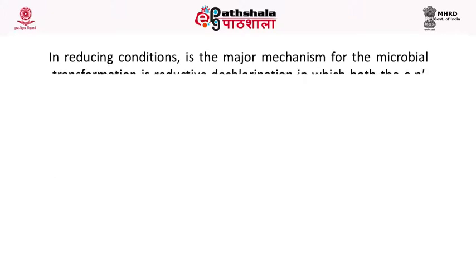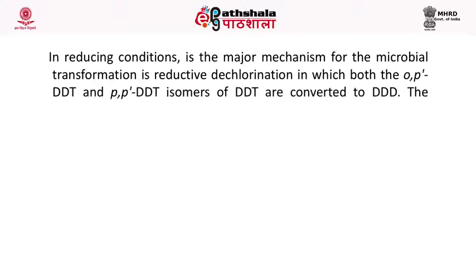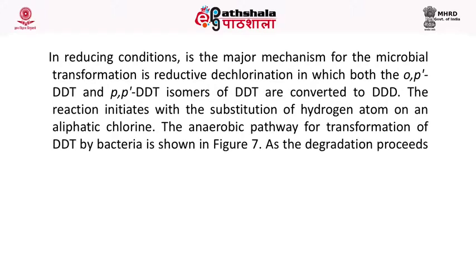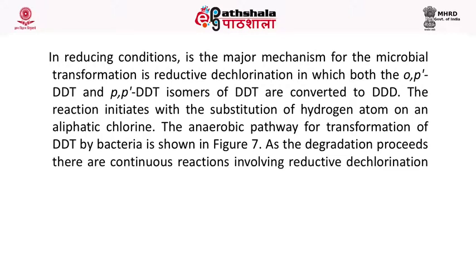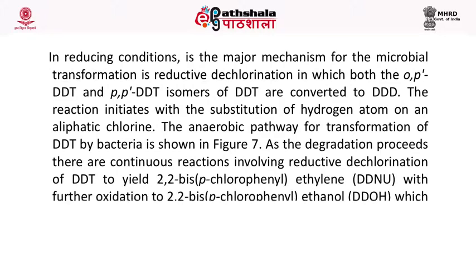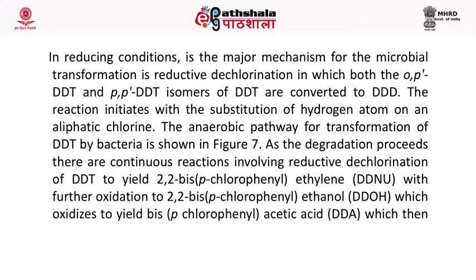Under reducing conditions, the major mechanism for microbial transformation is reductive dechlorination, in which both the OP-DDT and PP-DDT isomers of DDT are converted into DDD. The reaction initiates with the substitution of hydrogen atoms on an aliphatic chlorine.